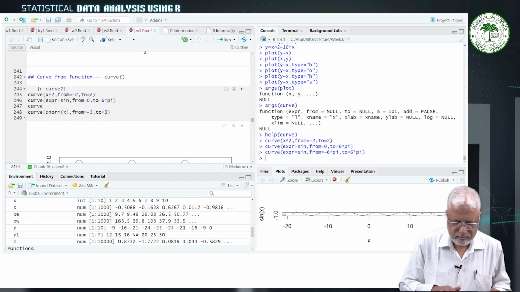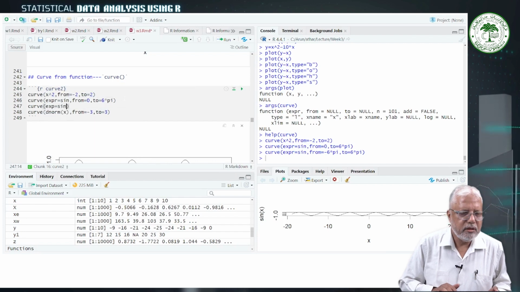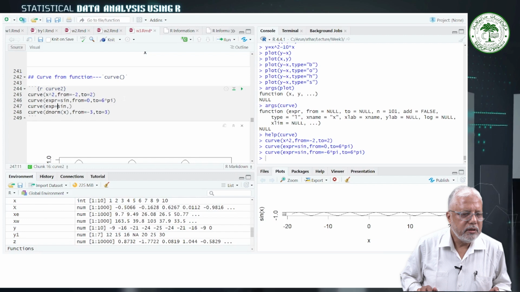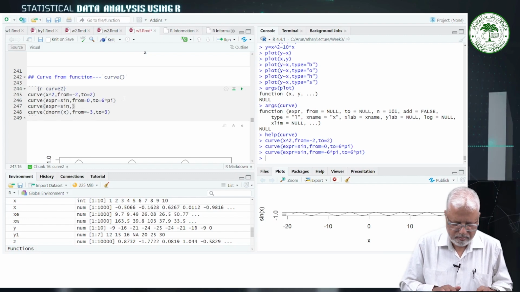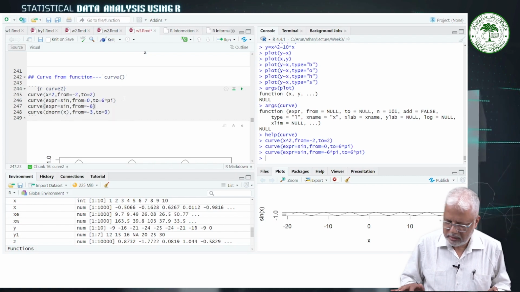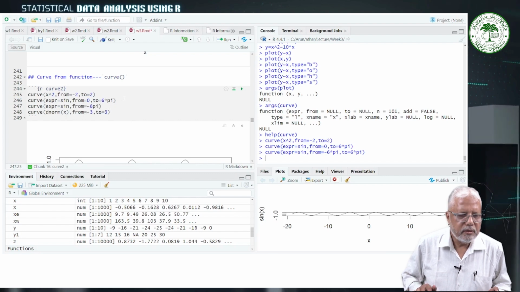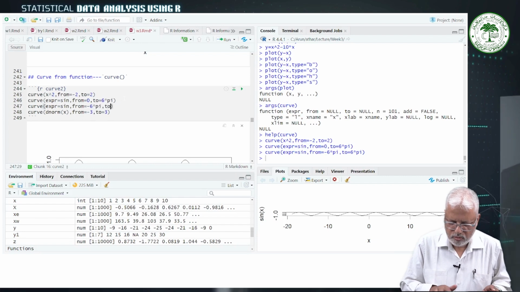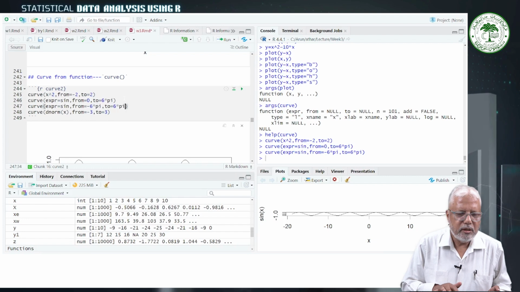Curve, expr is equal to sine, and from is equal to minus 6 into pi, and to is equal to 6 into pi.